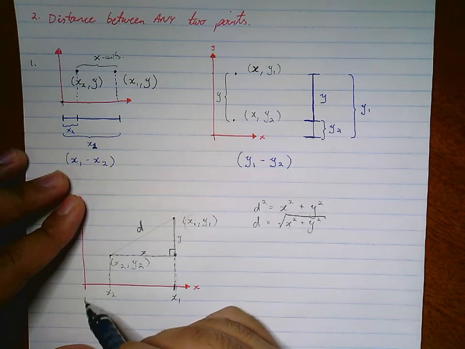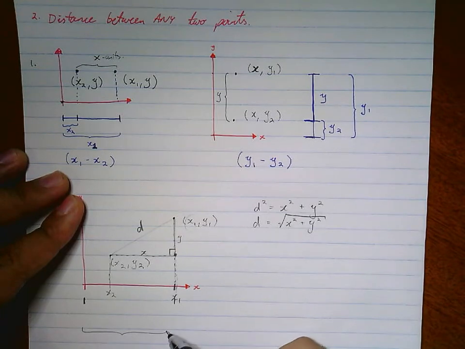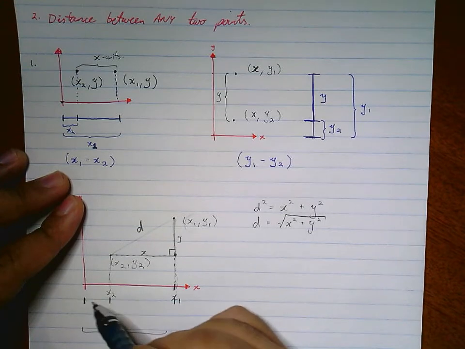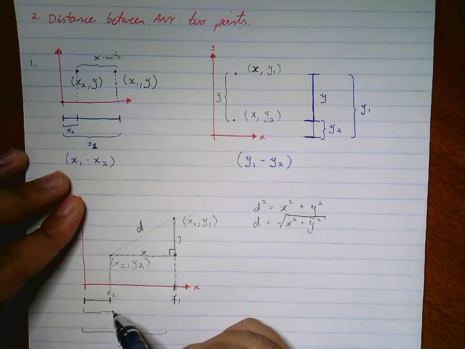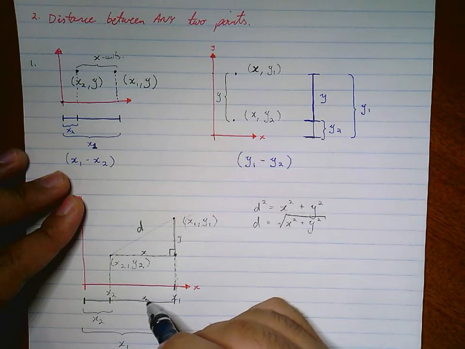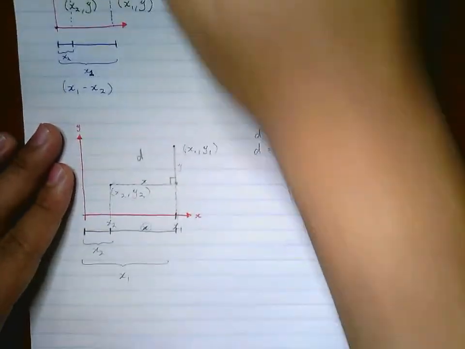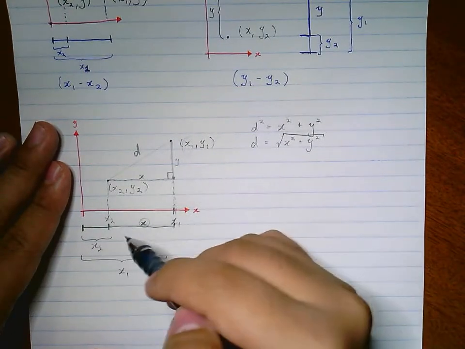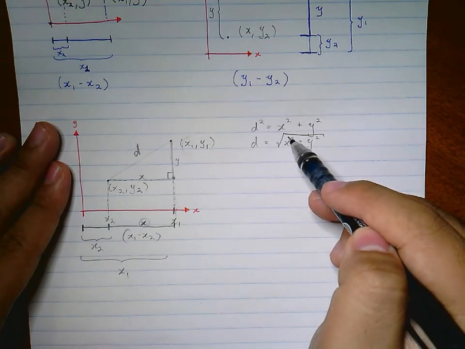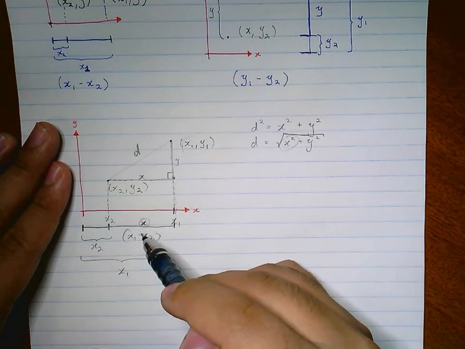Well, if from here to here is a length of x1, and from here to here is a length of x2, isn't this length here, which we've labeled x, just x1 minus x2? So we already know that this x here, not x squared, is x1 minus x2.